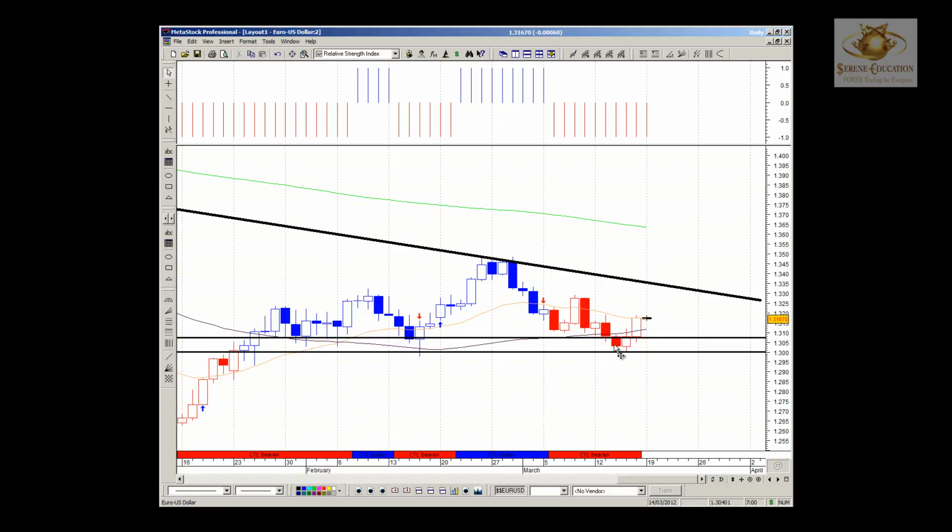And then we had a breach of it on Wednesday. We hadn't closed below the prior support through here at 1300, and then on Thursday we had this bullish engulfing.